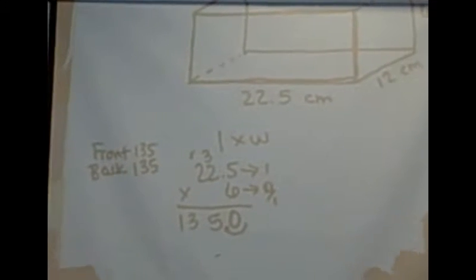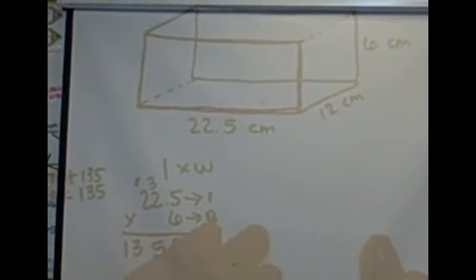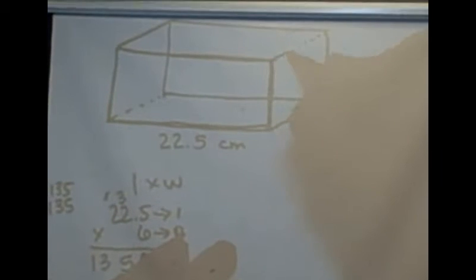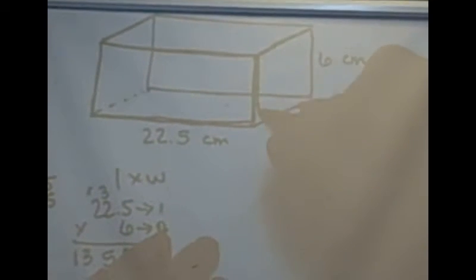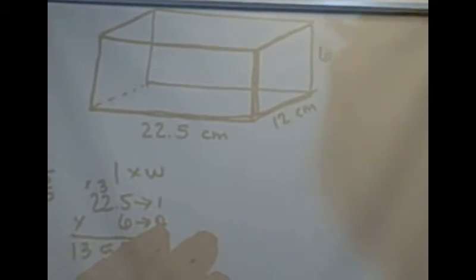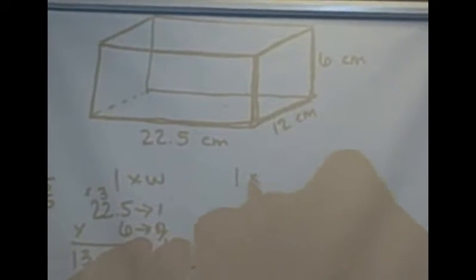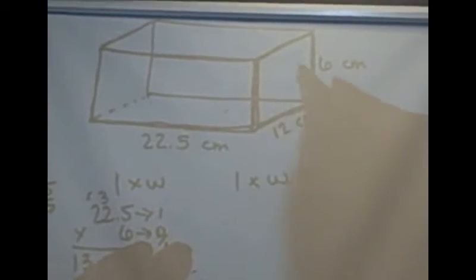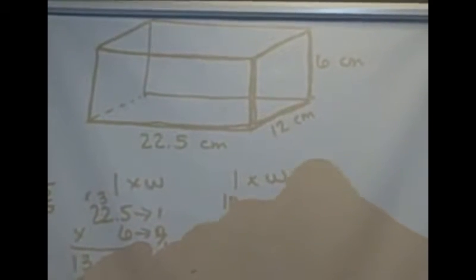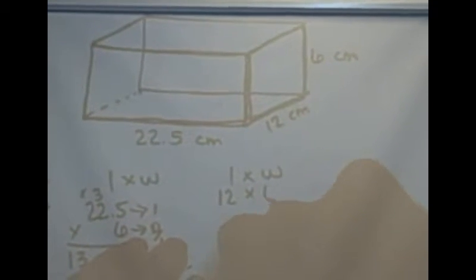All right, now let's look at one of the sides. Okay, let's take this side for example. Using the same formula of length times width, the length of this one right here is 12 and the width is 6.